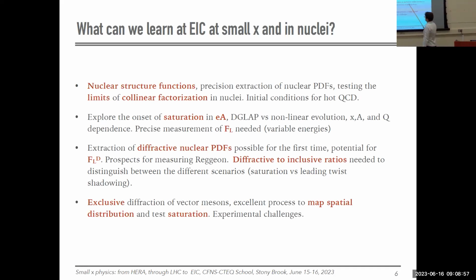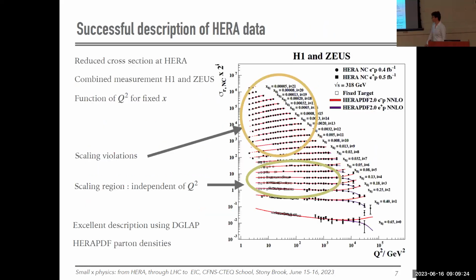It can measure diffractive to inclusive ratios, which are very sensitive to different scenarios, for example, saturation physics versus other scenarios, and exclusive diffraction, for example the exclusive diffraction of vector mesons, which is an excellent process for mapping the spatial distribution and also testing saturation.